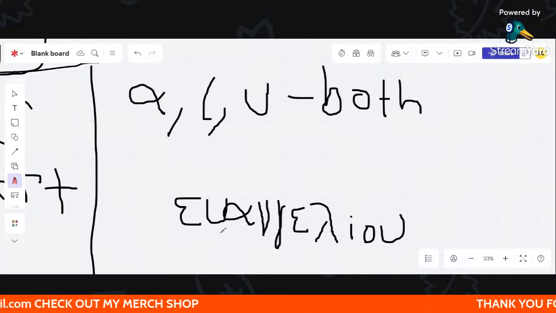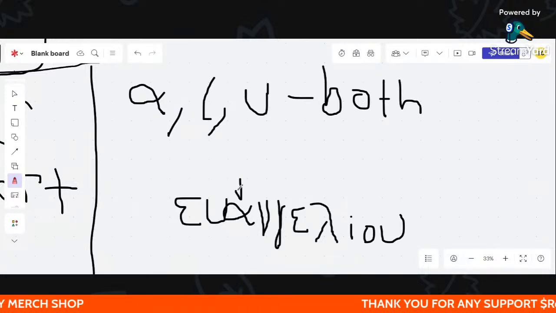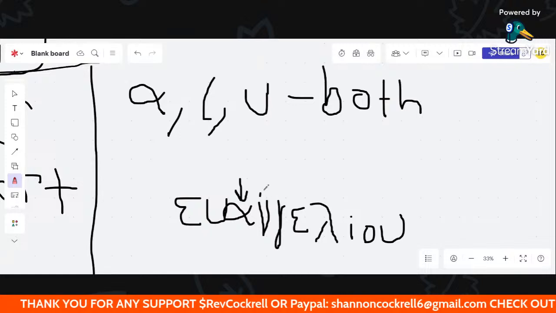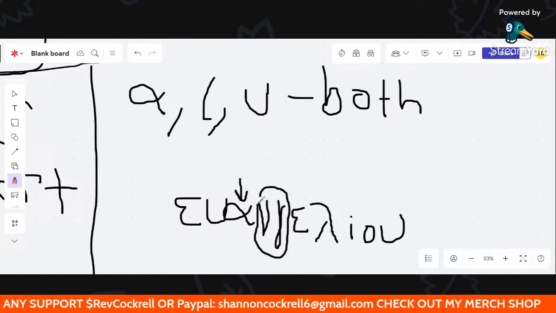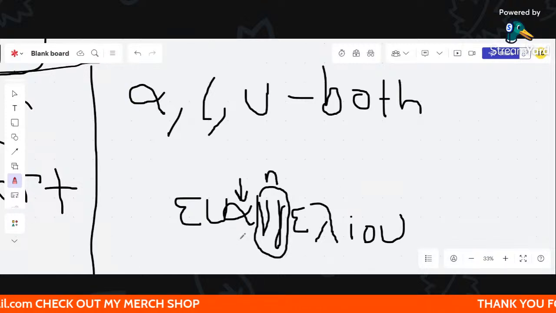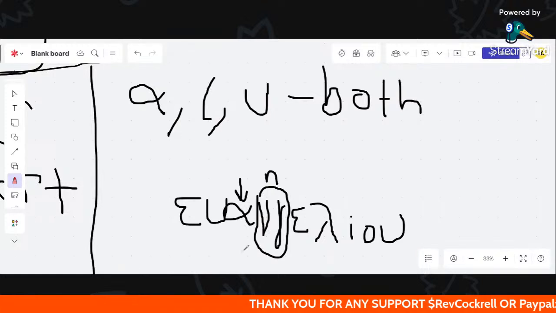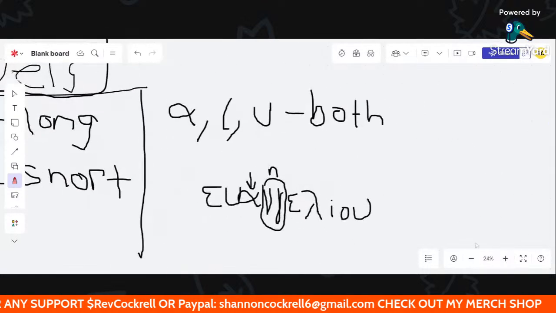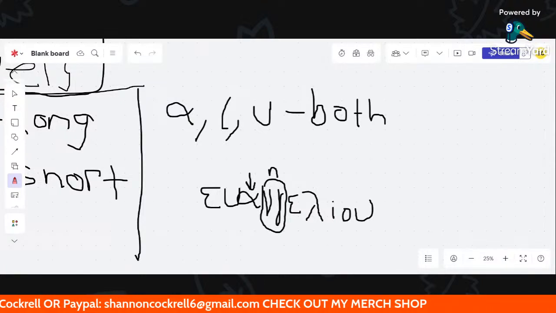Now, the alpha here becomes long because it's followed by a double gamma, which gives it a nasally n sound. But that's just something you'll pick up on as you get more familiar with the language.